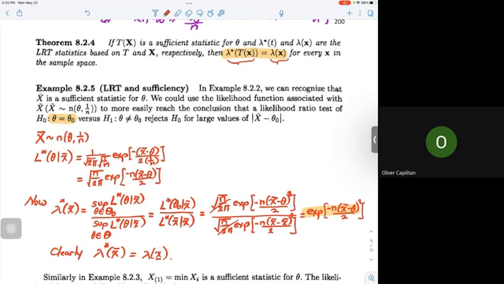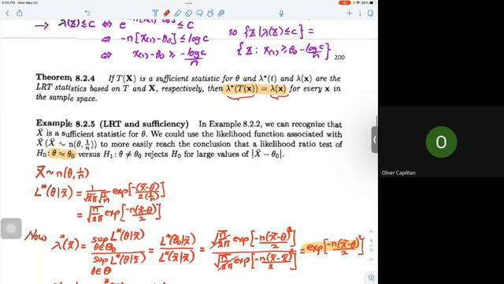And then itong third example natin dito, we apply this theorem, that if we are able to find a sufficient statistic for our parameter, and we know its distribution, gaya nito, sufficient statistic yung sample mean, then we know the distribution of that, then we can apply this theorem 8.2.4 for us to be able to determine the likelihood ratio test statistic.